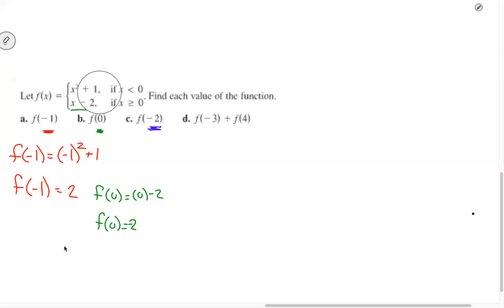In the top function or the bottom function? Very good. So I'm going to plug that into this function. So I get 5.